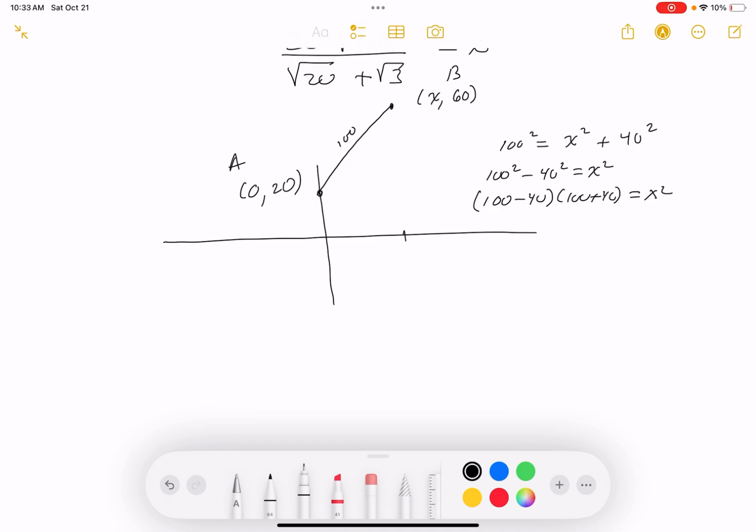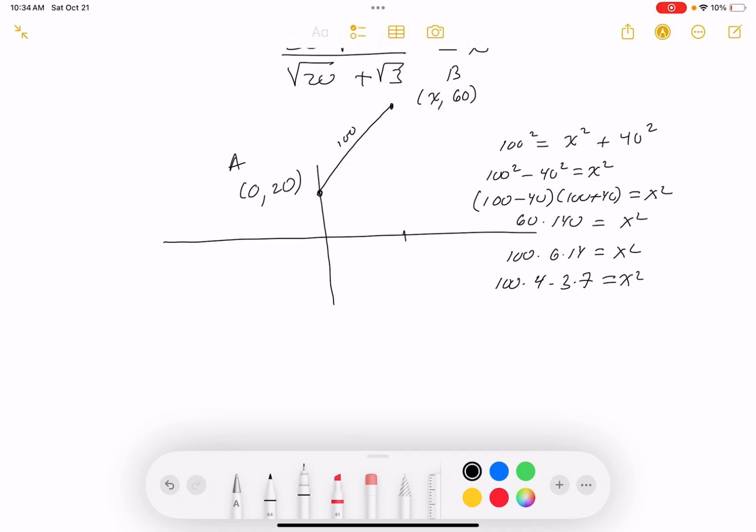I'm trying to figure out x, by the way. This is going to be 60. This is going to be 140. That equals x squared. I'm going to factor out a 10 from the 60, a 10 from the 140, which is 100. I would get 6 times 14 is x squared. Next thing I'll do is factor a 2 out from the 6 and a 2 out from the 14. I get 100 times 4, and I get 3 times 7. That's x squared.